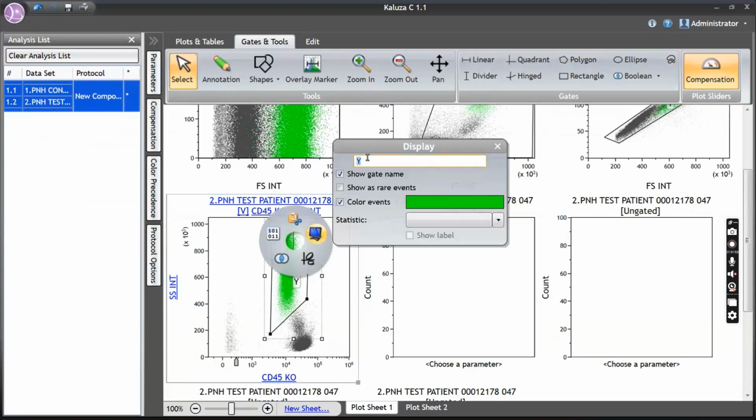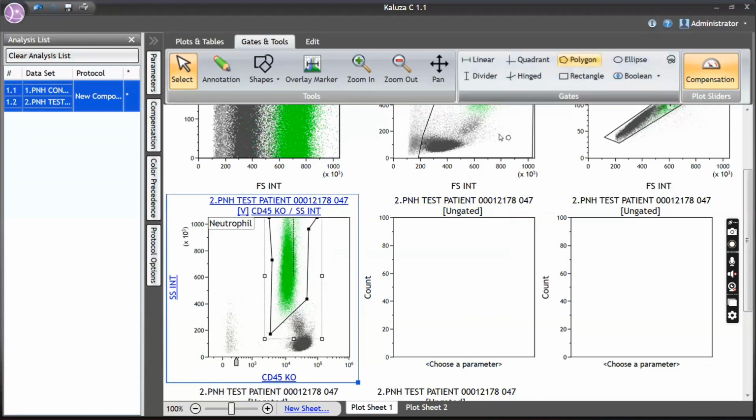I'll just give the name neutrophil. Similarly, I'll draw a gate around monocytes with CD45 side scatter. Again, I'll draw a more empirical or broad gate, including some lymphocytes, which I can eliminate with the subsequent plots.